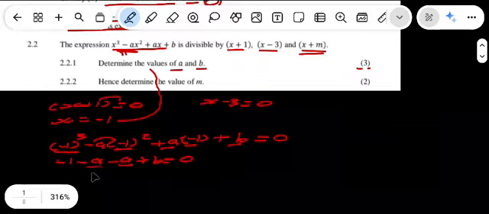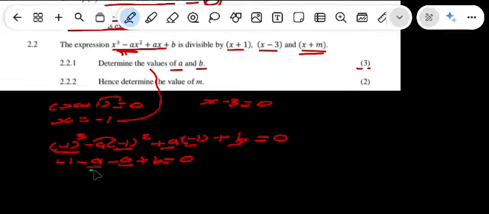So this will be -2a. Or you can take that a to the other side. This will be simply -1 minus 2a plus b. This must be equal to 0.